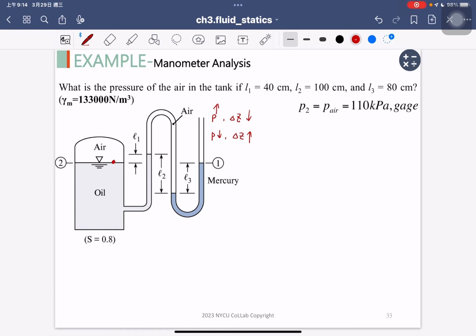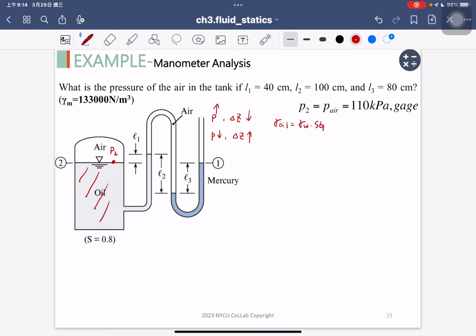This is a tank, and we want to know how large the pressure inside the tank is. And we know inside the tank, the liquid is oil. Okay, and we know that gamma oil is gamma W multiplied by Sg, right?